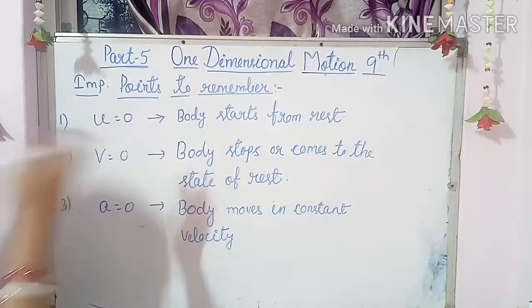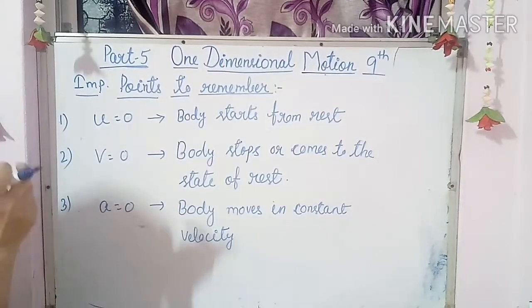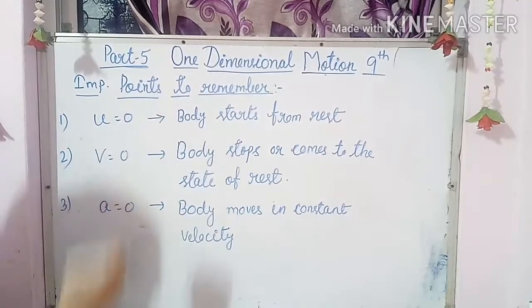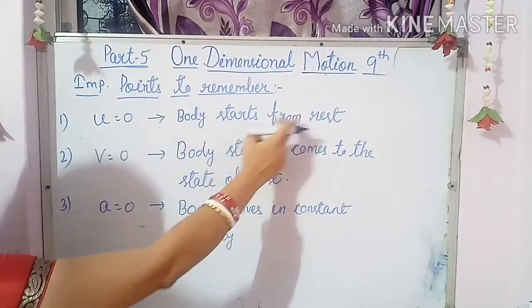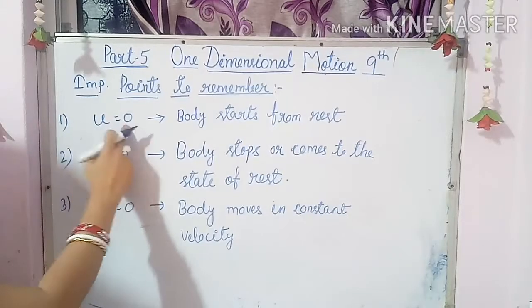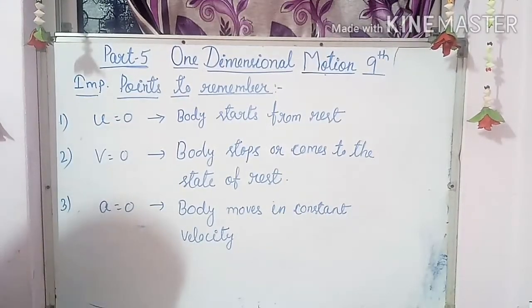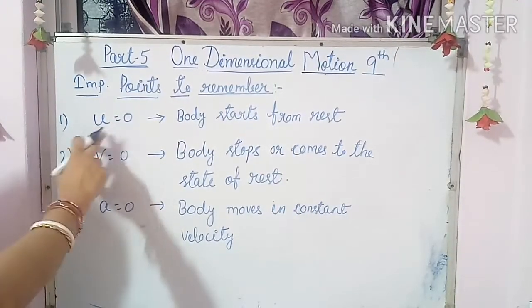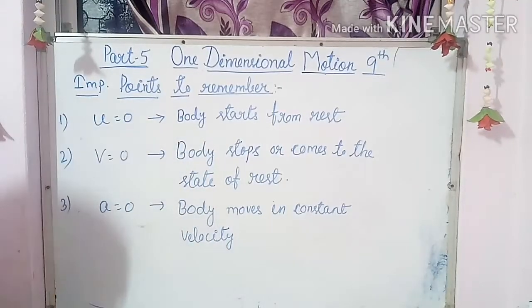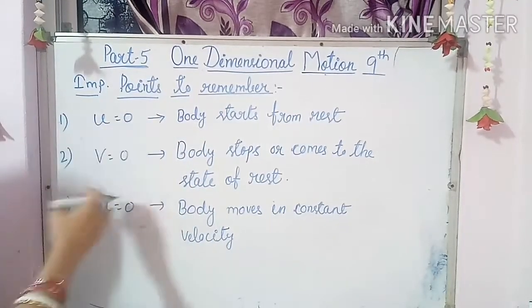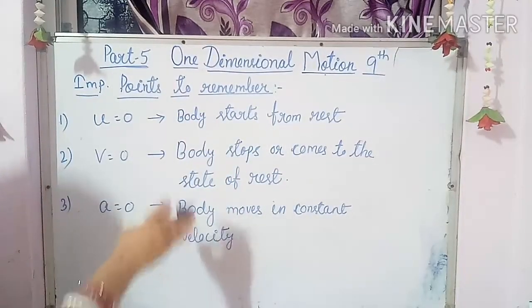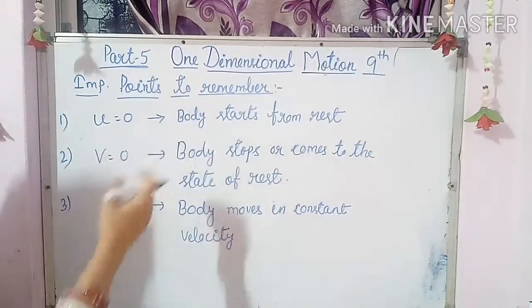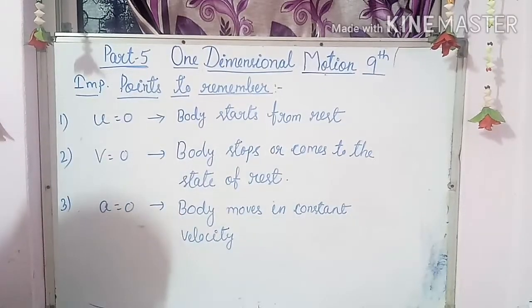In your numericals. From the numericals you have to find out these words, that if the numerical has given body starts from rest, you have to put U equal to 0. In a 1 mark question also it will come in your exam, that what do you know from this expression U equal to 0, means you have to write body starts from rest. Or if it is given that body starts from rest, what will you write in the form of expression?